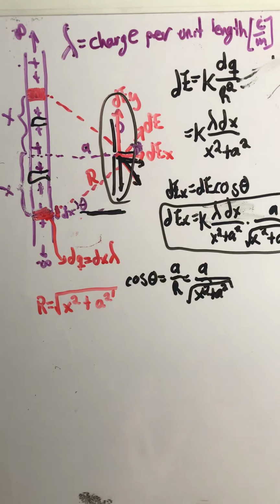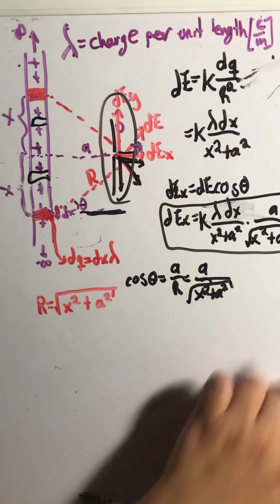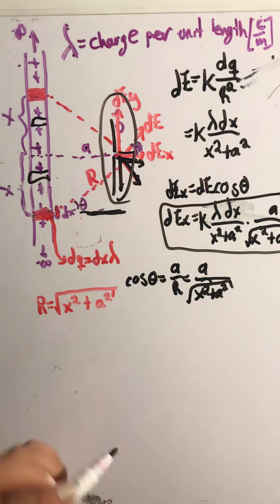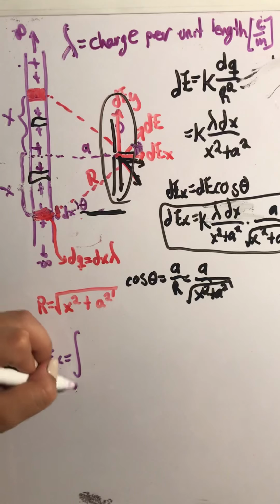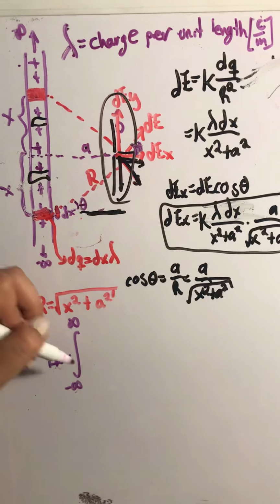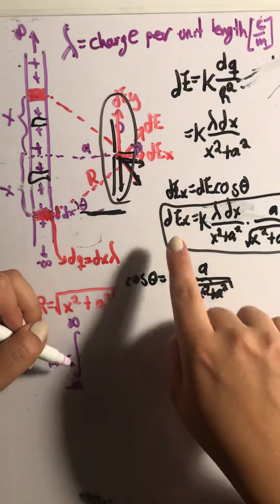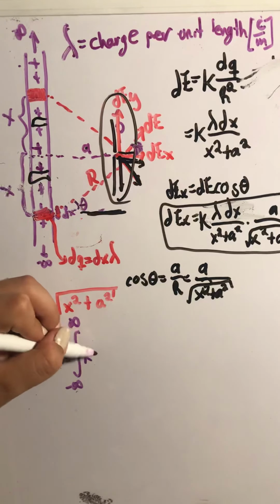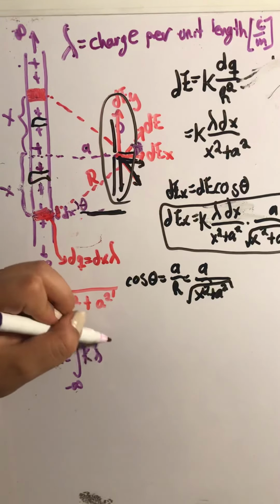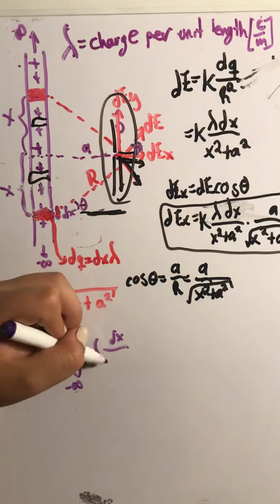And we want to find Ex, which is the integral of all of that. So now we're going to set up the integral. Ex equals the integral from negative infinity to positive infinity of dEx, therefore k lambda dx.